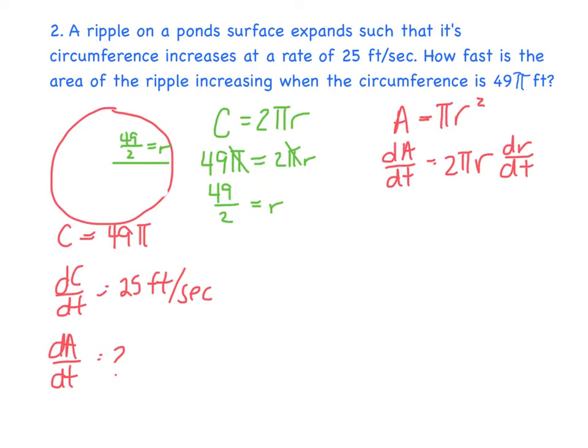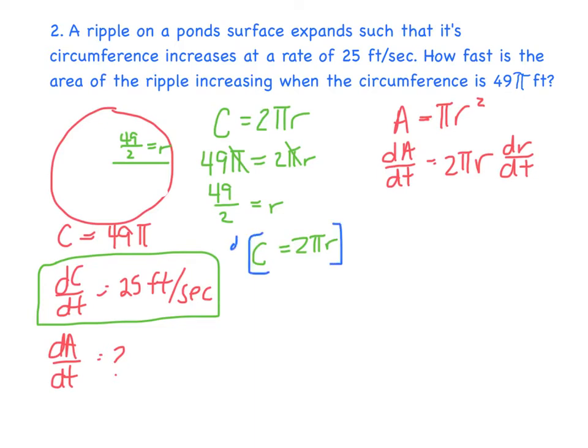Second thing I need is my dr/dt. Well, I want to use my second given piece of information, which was the rate of the circumference. And where does that come from? That comes from taking the derivative with respect to time of the circumference formula. So I take my circumference formula and take the derivative with respect to time. And what do I get?